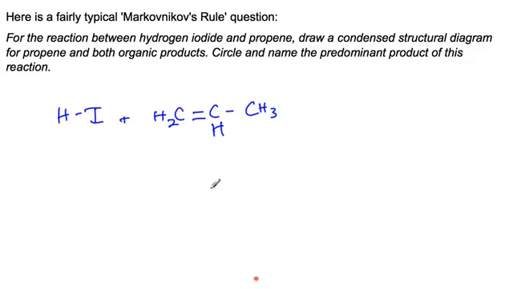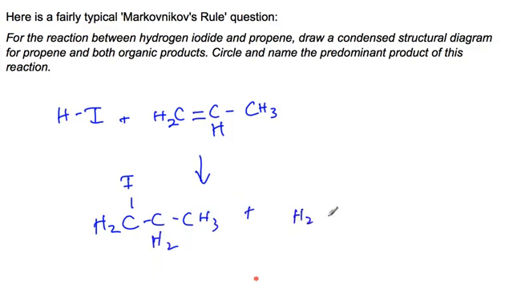And so it's definitely two asymmetrical reactants. And so what do we get? Well, we get CH3CHICH3 or CH3CH2CH2I. We put the iodine on carbon 1 and the hydrogen on carbon 2, or we get the iodine on carbon 2.